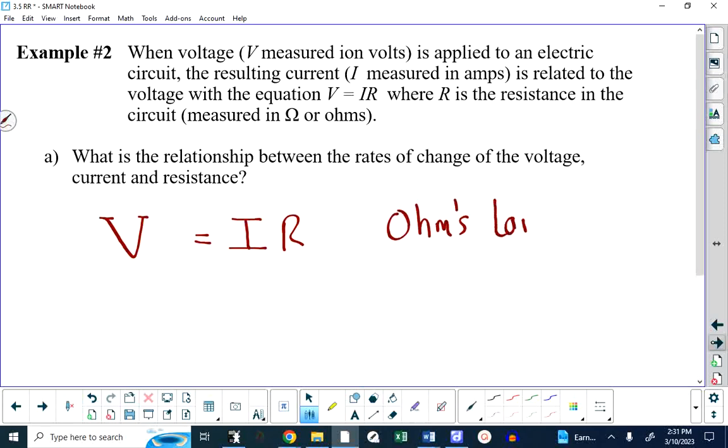And at any point in time in an electric circuit, there's a voltage that's being applied to the device, whether it's a light bulb or a resistor or whatever. And there's a current that's being produced, and there's a resistance. Voltage is measured in volts.